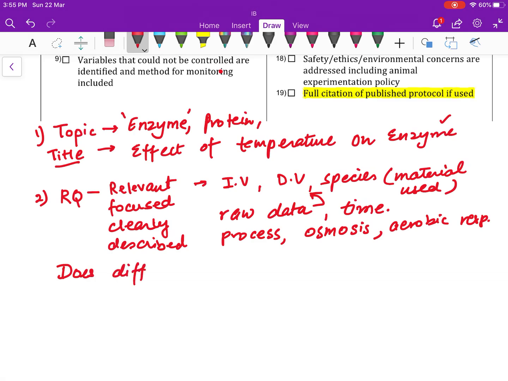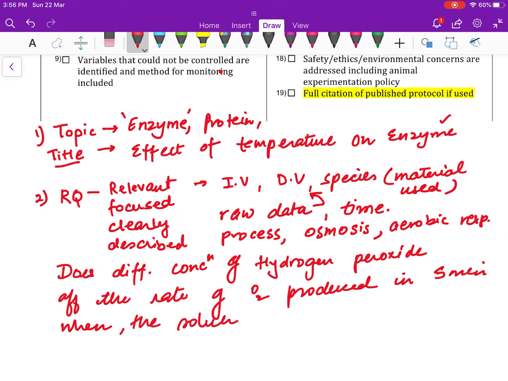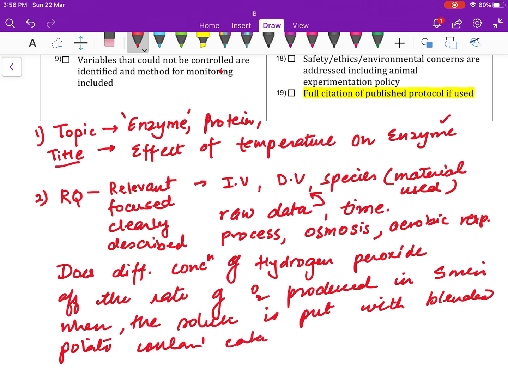Does different concentration of hydrogen peroxide affect the rate of oxygen produced in 5 minutes when the solution is put with blended potato containing catalase?